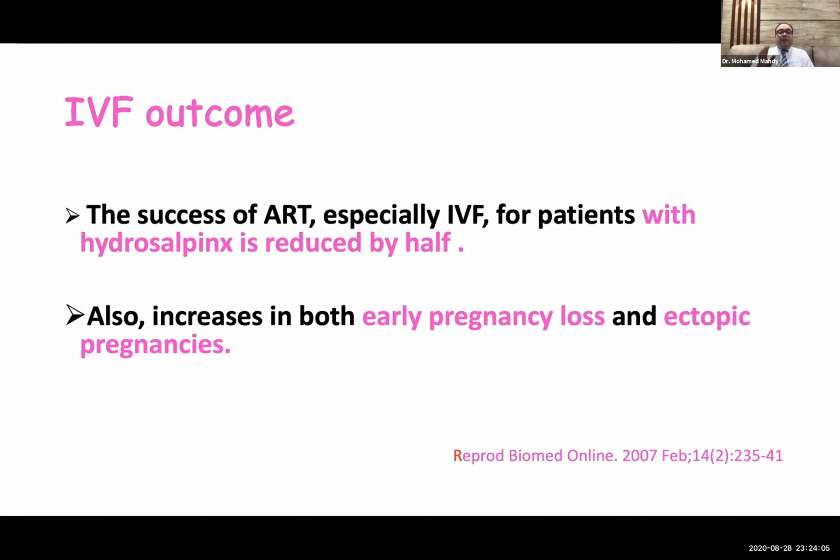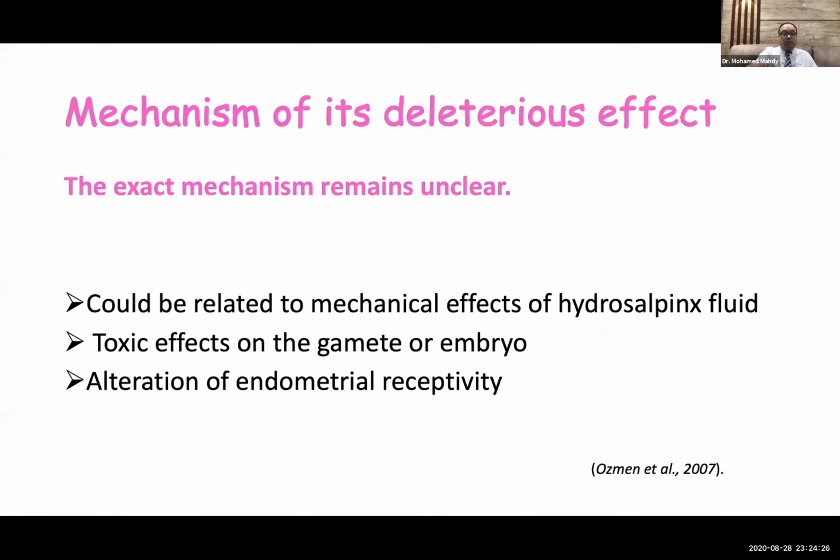So does it have a bad effect on IVF outcome? Yes, of course. Studies found that the success of ART, especially IVF, for patients with hydrosalpinx is reduced by half. Also, there is an increase in early pregnancy loss and ectopic pregnancy in cases of hydrosalpinx.